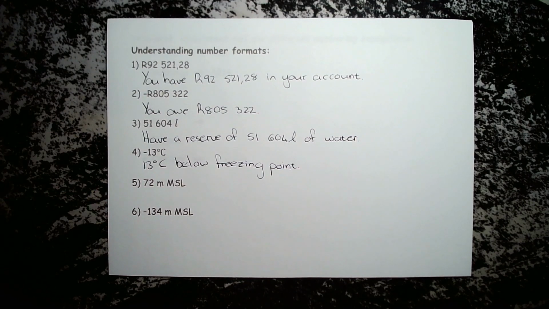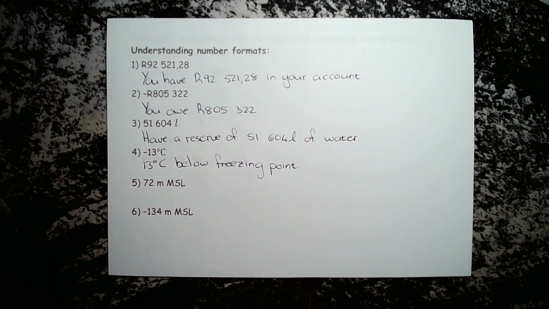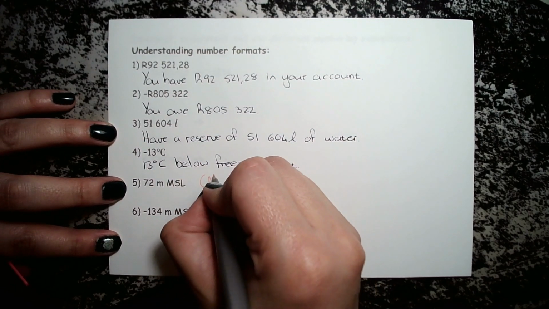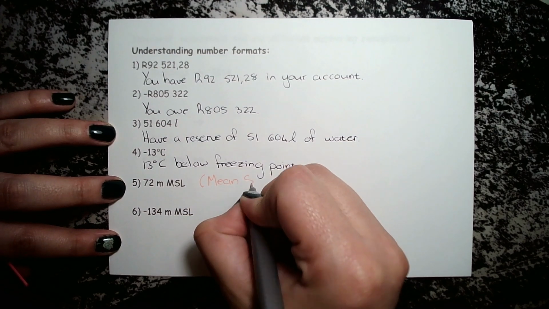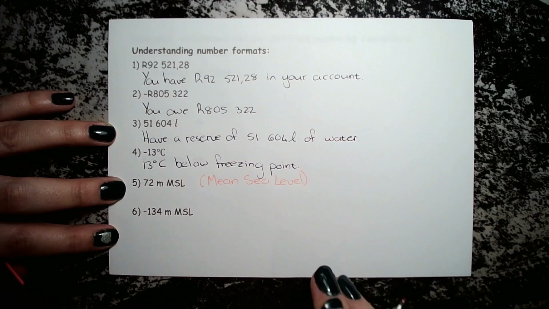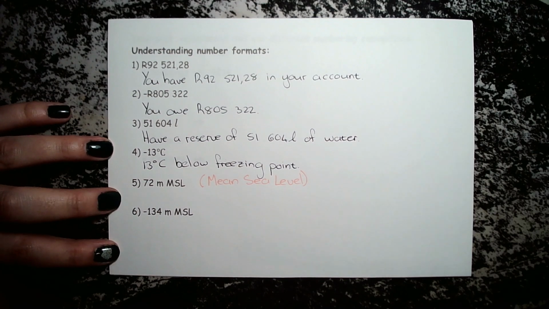If you have got 72 meters and then MSL. Now, MSL is a sort of number format because that stands for mean sea level. So that would be the average sea level, basically. So what does it mean?